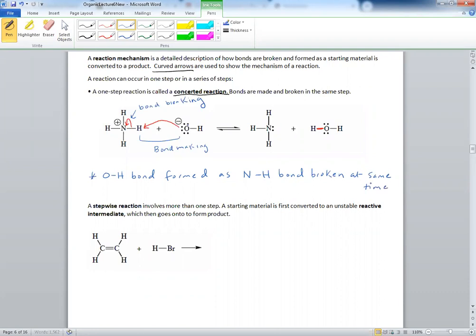Yeah, so this didn't happen first, and then it waited for this to receive the electrons, and then this one broke. No, these happened at the same time, simultaneously. While this was forming, this one was breaking. One was forming, the other one was breaking.